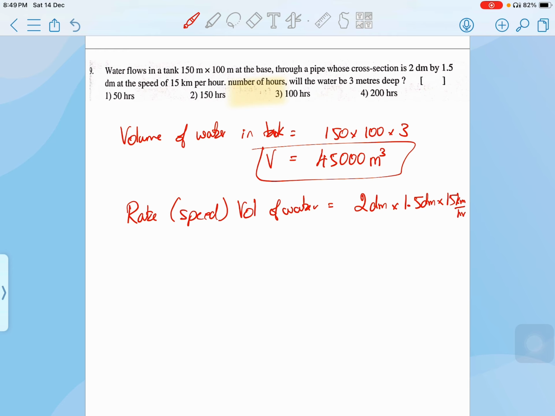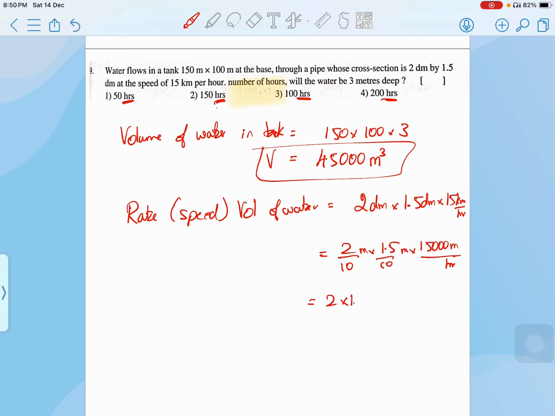Understood? So that 2 decimeter I can write 2 by 10 meter, 1.5 by 10 meter, 15 kilometers I can write 15,000 meter per hour. I will convert that hours into minutes or seconds. Why? Because our answers are also in hours only, so that per unit time can be in hour itself.